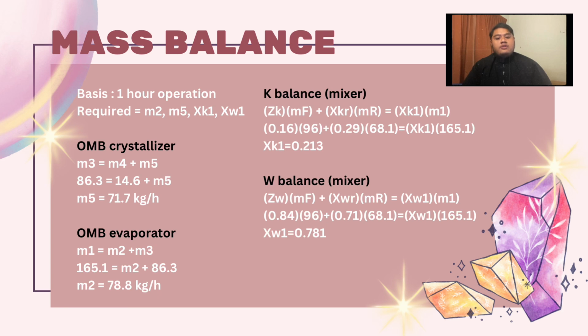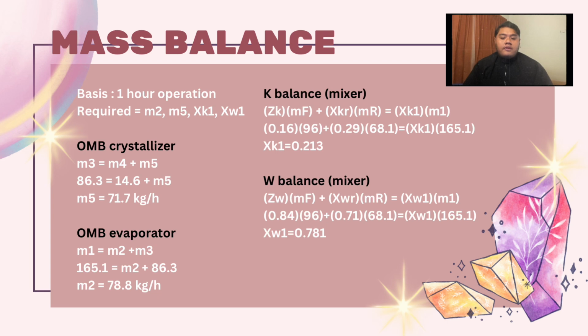But this feed is mixed with the recycled stream in the mixer, resulting in output flow of 165.1 kg per hour, but the composition of this stage is unspecified. So the composition of the output stream was calculated by using components balance of K and W for the mixer.